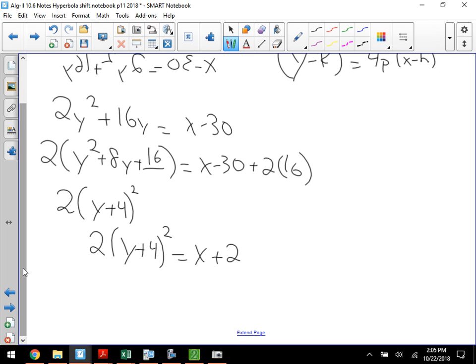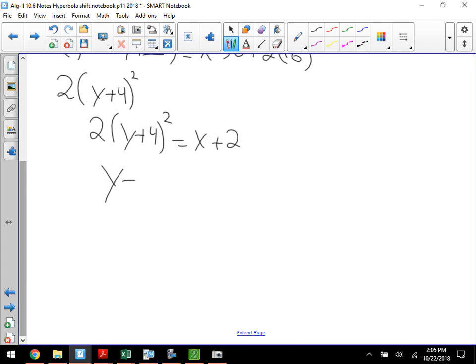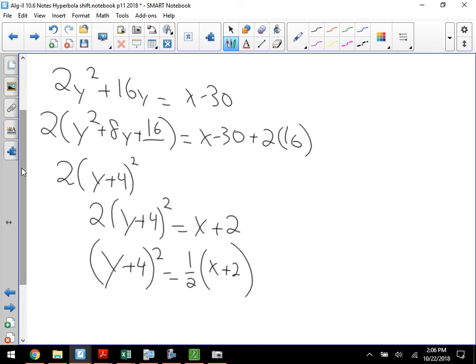So when I multiply everything by a half, I get y plus 4 quantity squared equals 1/2 of x plus 2. I don't distribute it in, because now it looks like 4p times x minus h. That's the trick. Okay, you see that? That's the trick for that. Okay. By multiplying by the reciprocal, it's the same thing as dividing out. Yeah, bud.